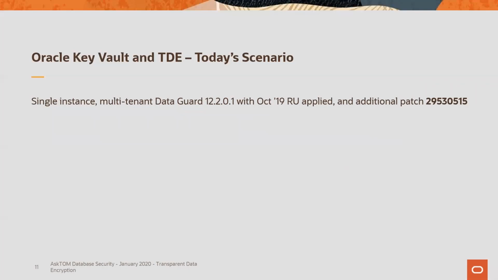Peter's patched this environment to the October 19 RU and applied an additional patch set, which he'll mention why in the conversation. He's using a 2-node read-write pair of Oracle Key Vault. He's using 18.1. That's because we did this right before the release of 18.2, but the same functionality is there in 18.1 or 18.2. It's just when we recorded the video.